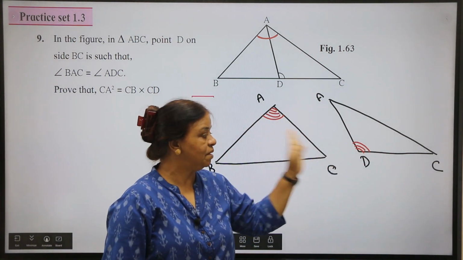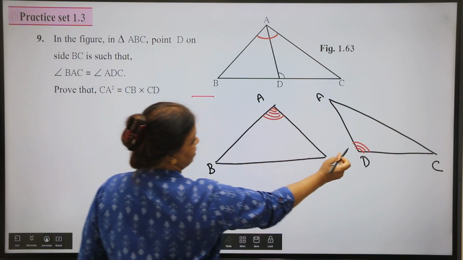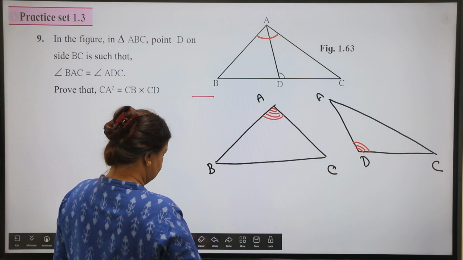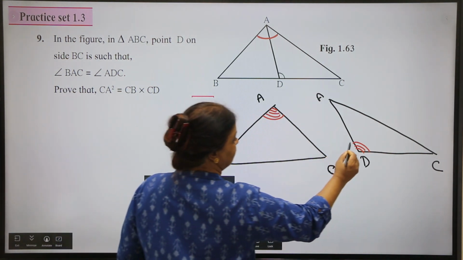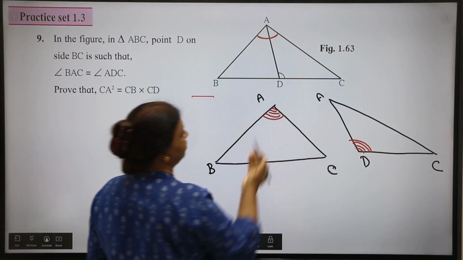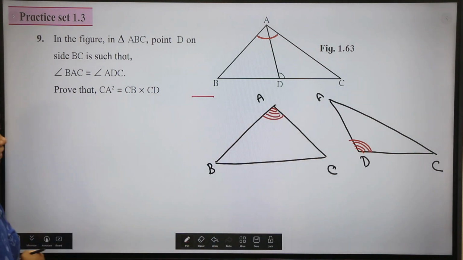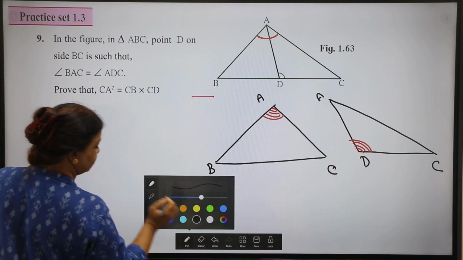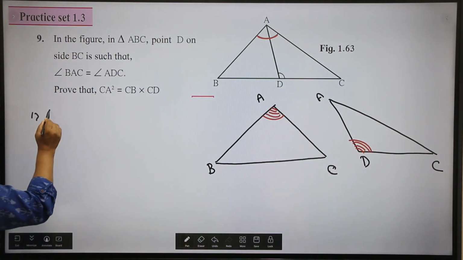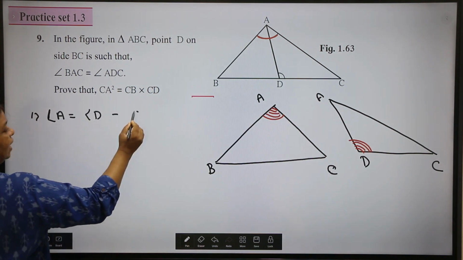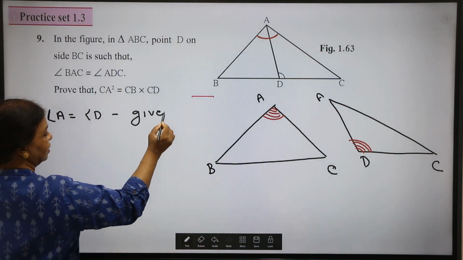What is something same? By looking at these symbols, we come to the conclusion that angle A is equal to angle D, given. Yes, and we can write that. First point, angle A is equal to angle D and reason is given.